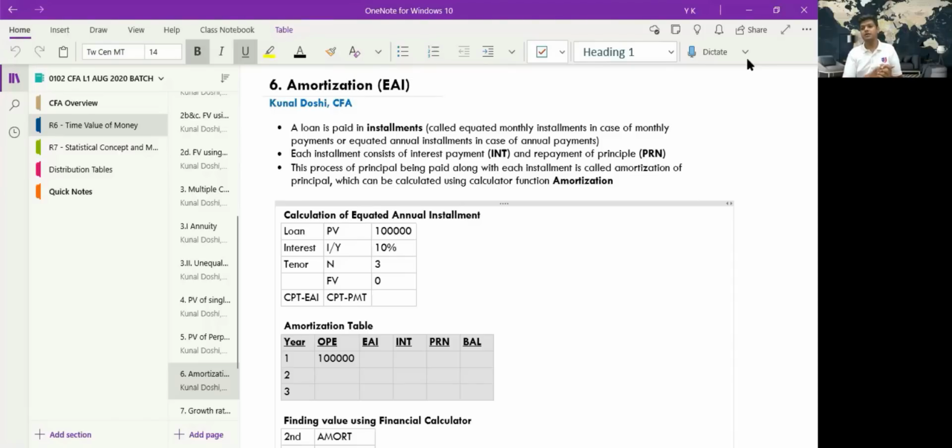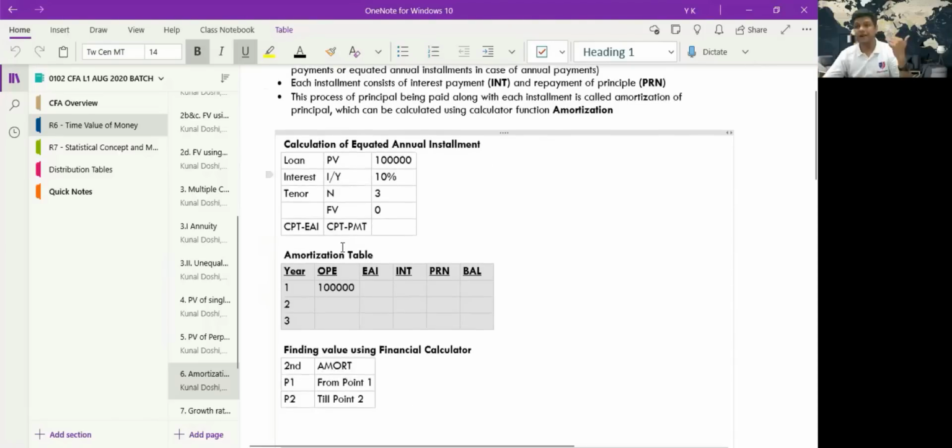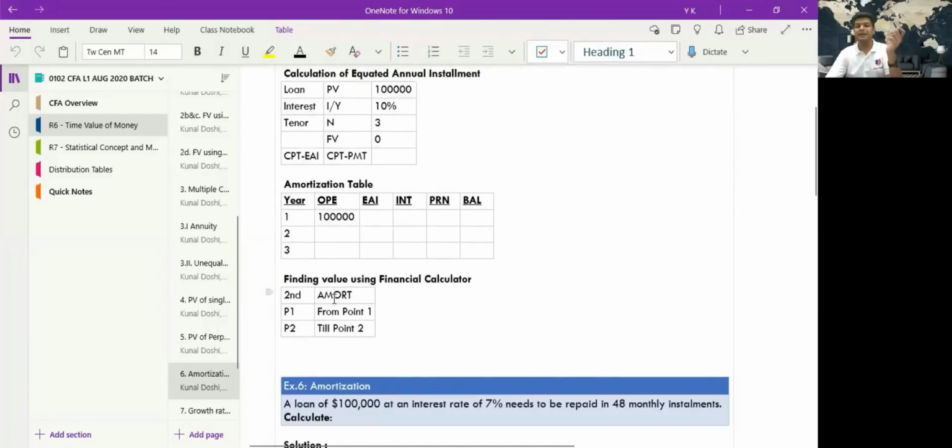Right? So what we did there is that we took an installment of the loan, we calculated the equated installment, and then pressed the second amount function, that is second PV. When you press second, it takes a function behind that, that is the amortization schedule, from point to point.